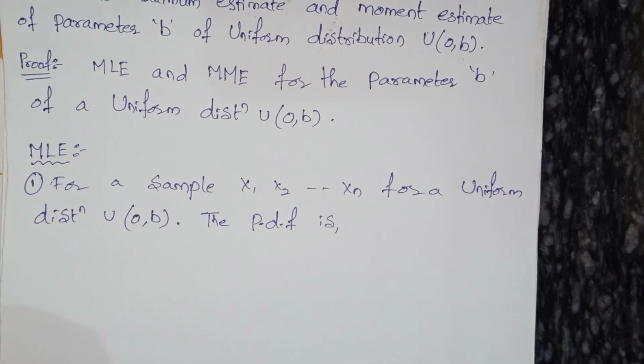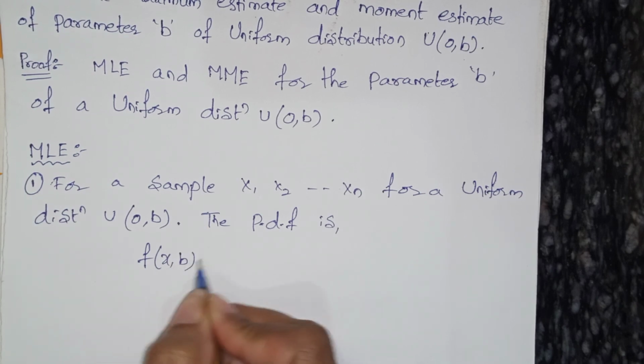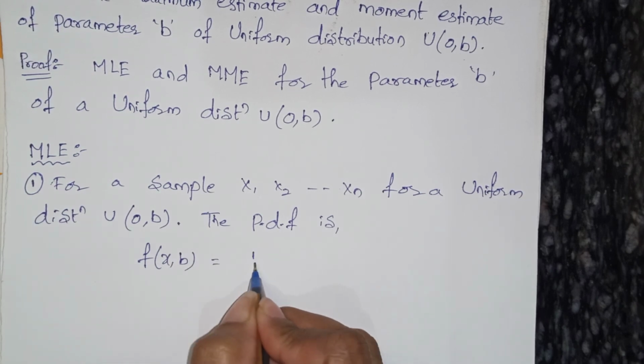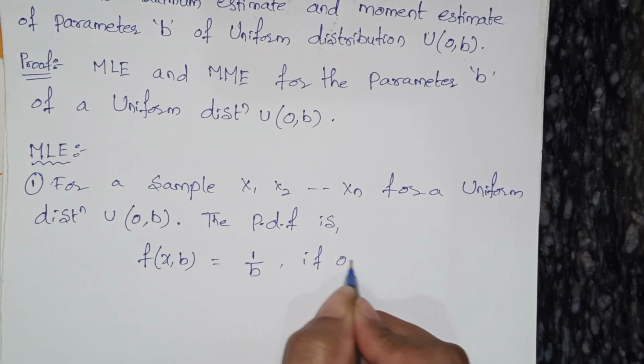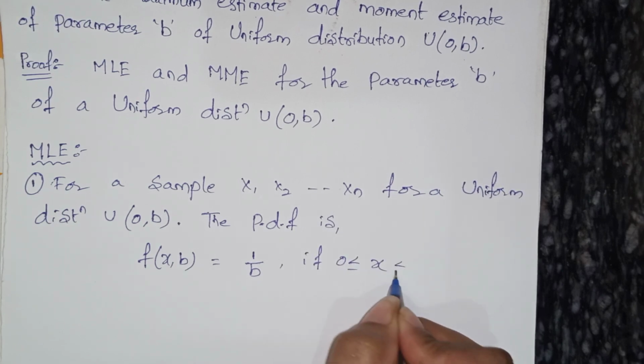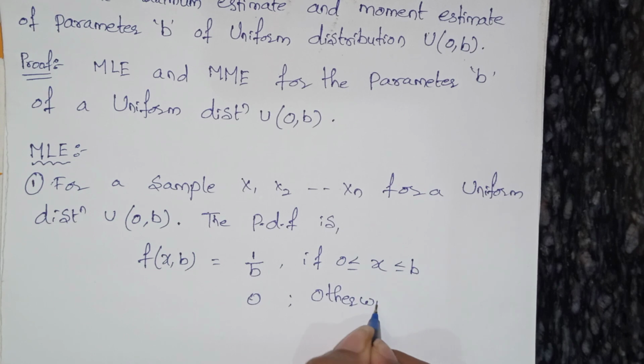So f of x comma b, since we are going to find b, equals 1 by b if 0 is less than or equal to x, less than or equal to b, and 0 otherwise.